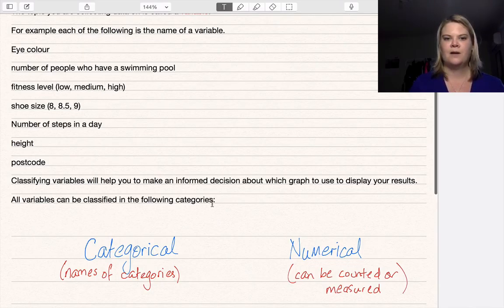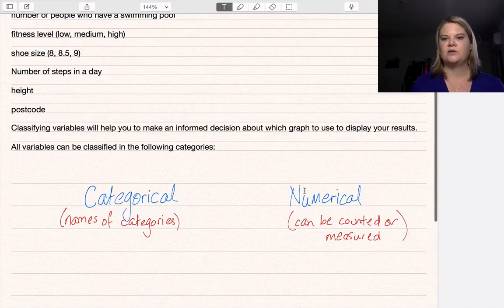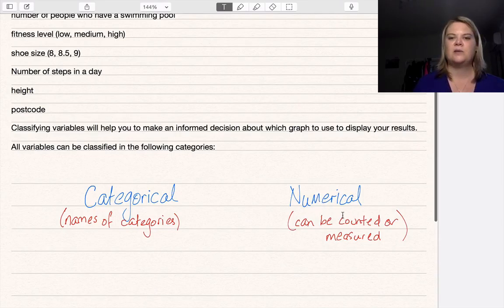The other type of variable is numerical, and these are the ones you're probably most used to, where often it's a number. We can have numbers in categorical, most of the time they're in numerical though, and it can be useful to think of the numerical variables as ones that can be counted or measured.